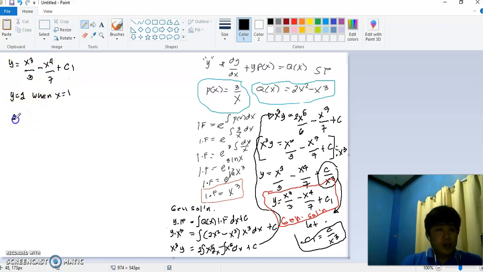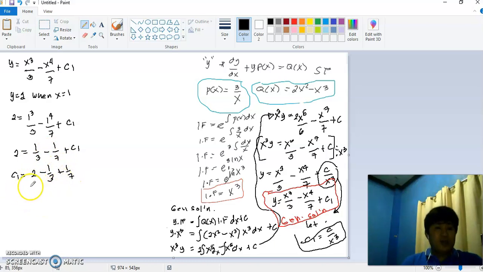You have y is 2 equals, x is 1, so 1 cubed over 3 minus 1 raised to the power 4 over 7 plus c sub 1. So 2 equals 1/3 minus 1 over 7 plus c sub 1, or c sub 1 is equal to 2 minus 1/3 plus 1 over 7.